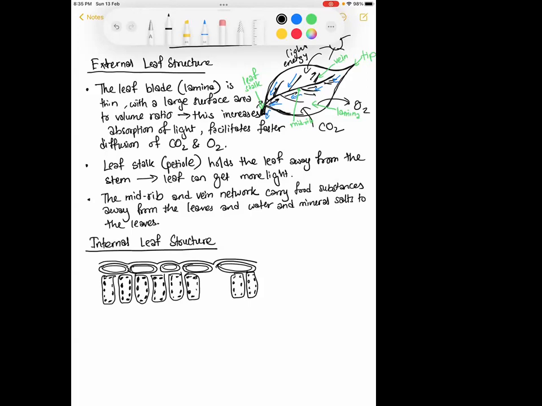Okay. And then we have this spongy mesophyll layer, which is not longitudinal and not so packed. So it's kind of like circular, not really circular, but irregular.